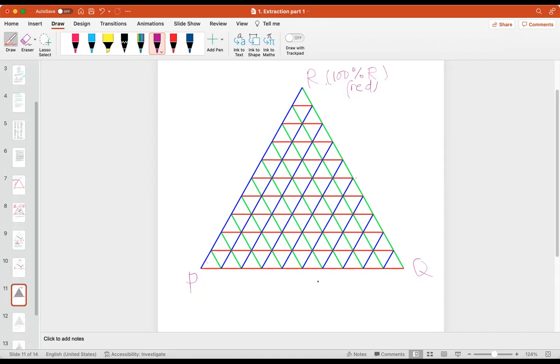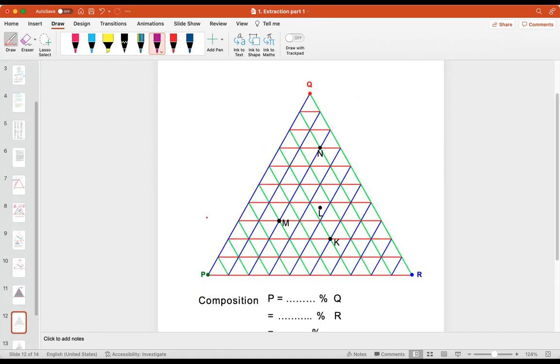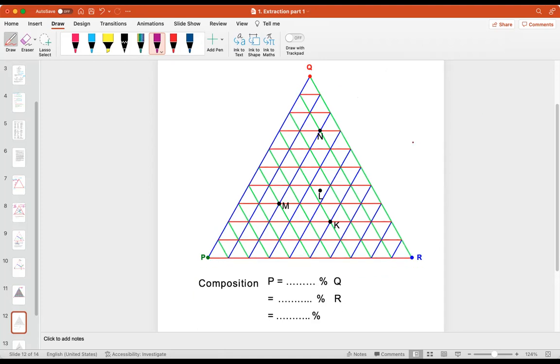Now I have a little bit of exercise, so have a look, and then I'm going to be asking you which one. I'll give maybe about 5 minutes to write what this point is, the composition.